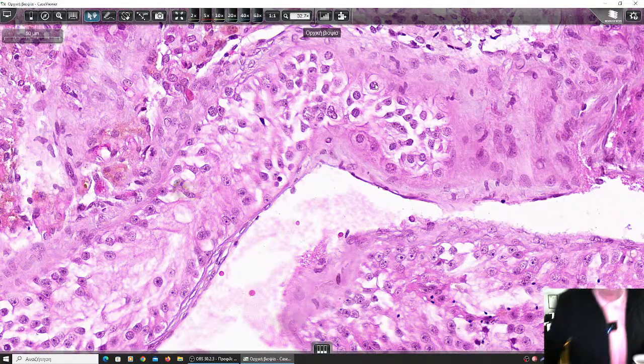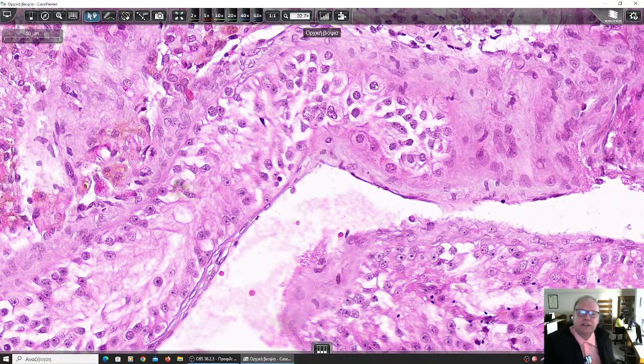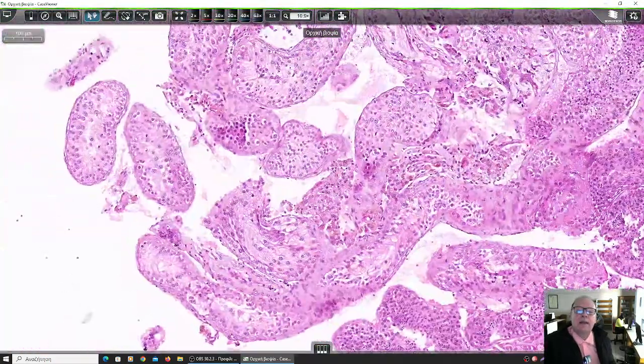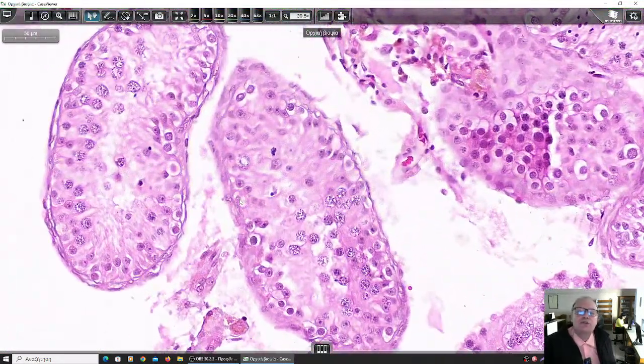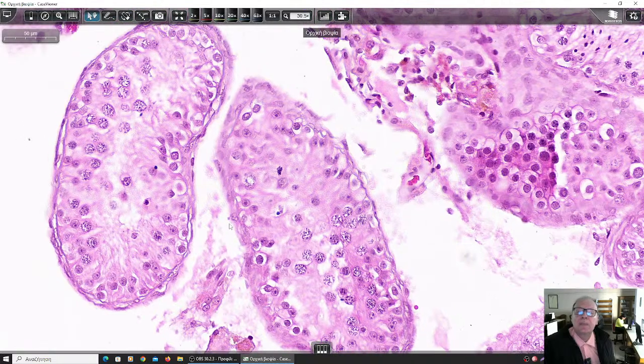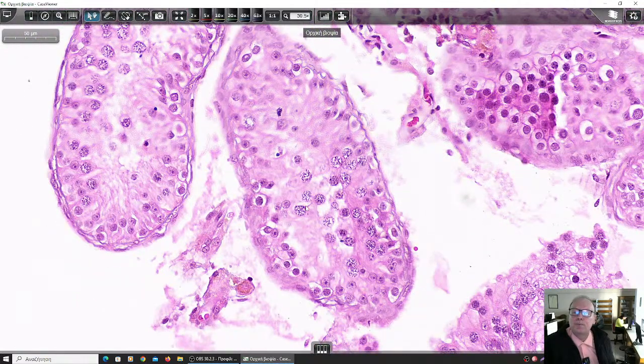So this is the other pattern of injury having to do with infertility. And there is also another one which has to do with presence of mature spermatids, but thinning of all layers of germ cells.